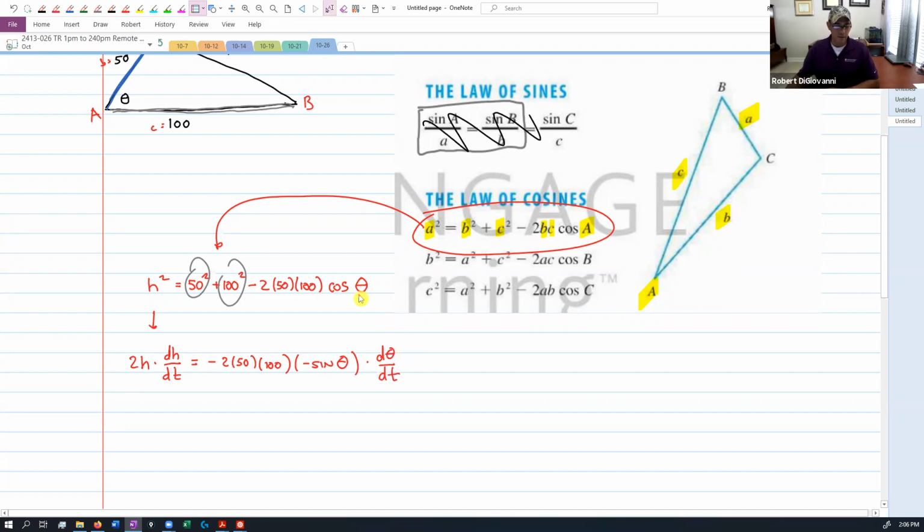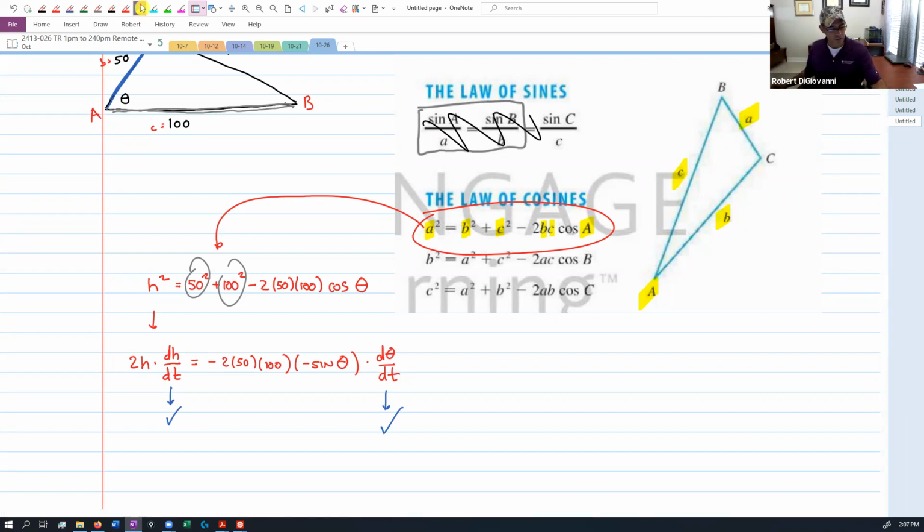The derivative of cosine of theta is negative sine theta d theta/dt. And we have it. We have everything we need. dh/dt, that's what I'm looking for. d theta/dt, we had to extrapolate that, but we found it, 5 over, what was it, 5 over 70? Something like that.